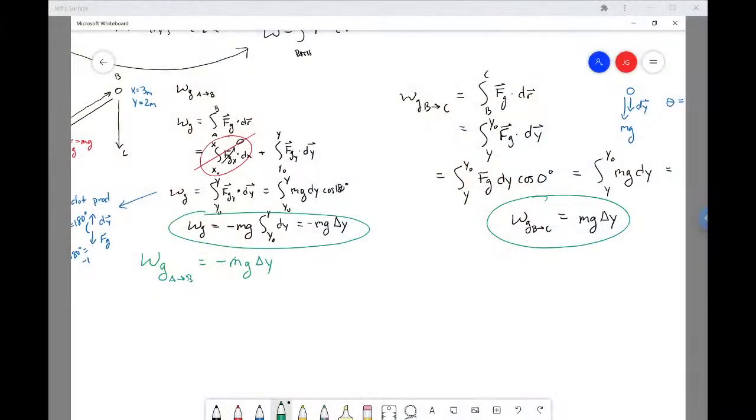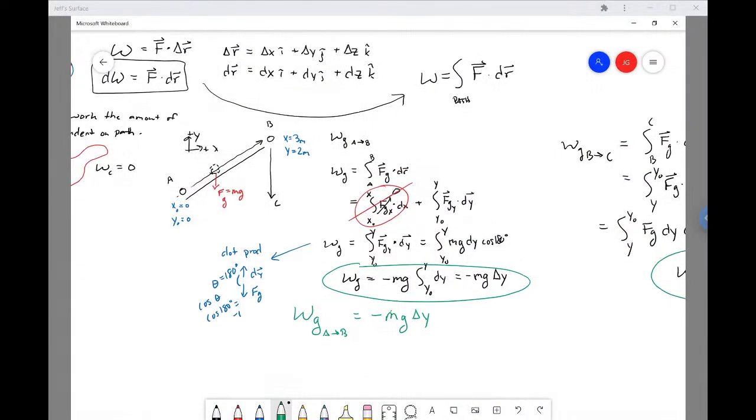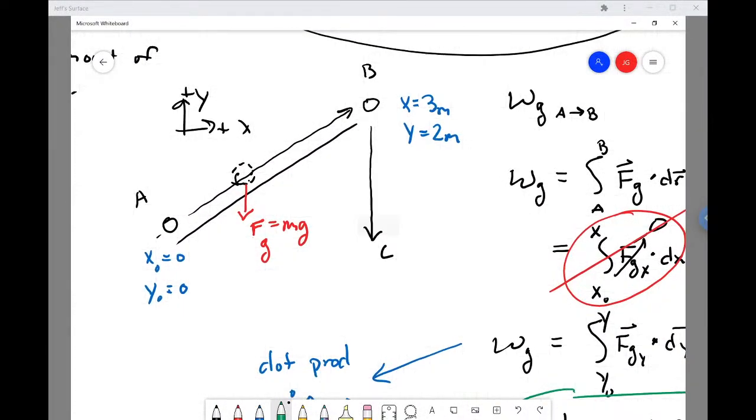The final result that we get here is, well, we're not back to where we started, but we kind of are in one dimension, the dimension that matters. Let's zoom in here. So if I go from A to B, my delta y is 2 meters. And if I go from B to C, my delta y is 2 meters. Just magnitude, right? The dot product destroys the notion of direction.